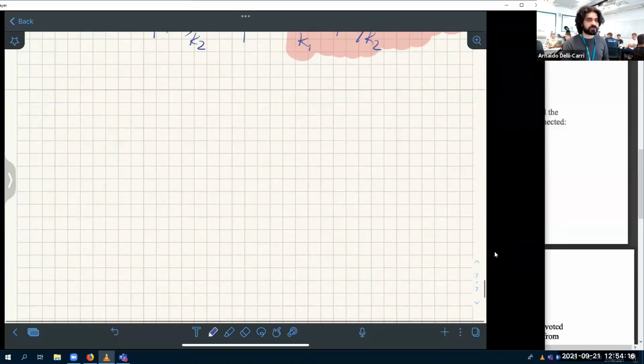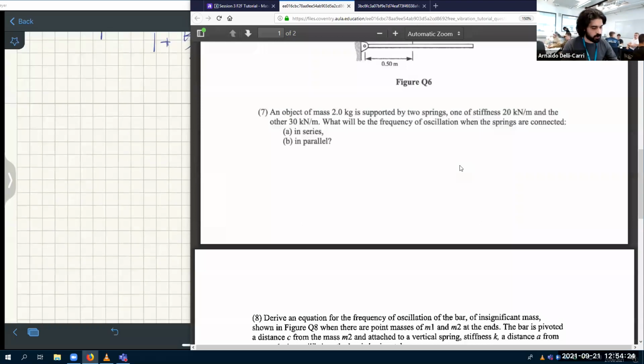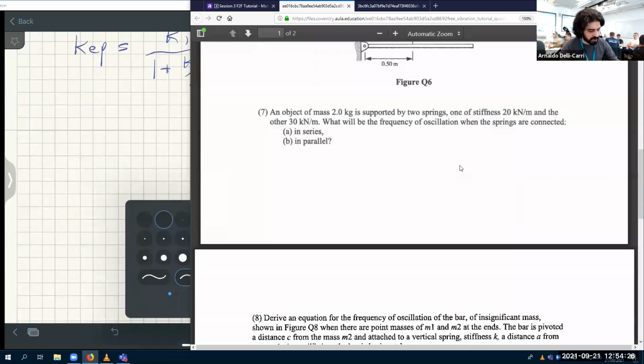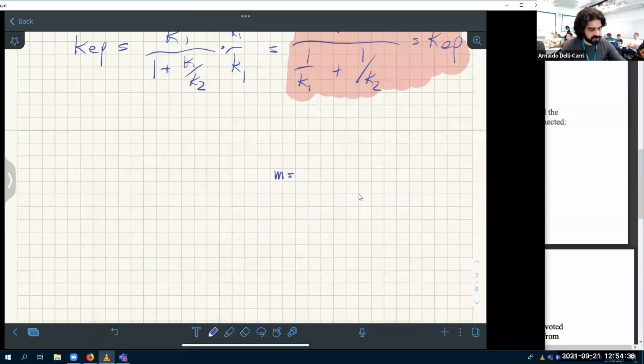All right, so let's do very quickly question 7. I mean, I gave you the formula already. So what you have to do for question 7 is just find the equivalent. So we have the mass is 2 kilograms.